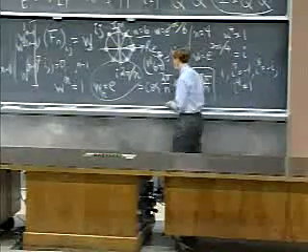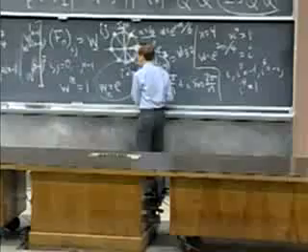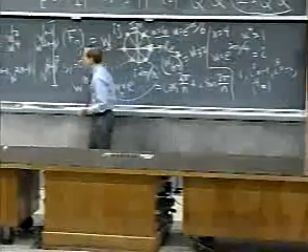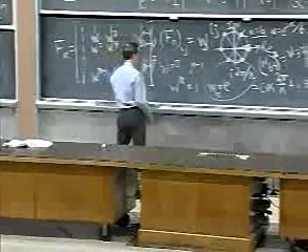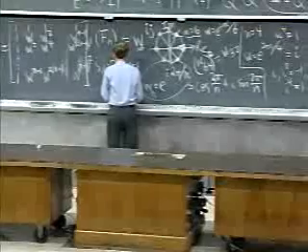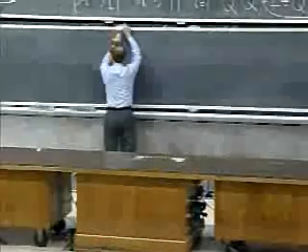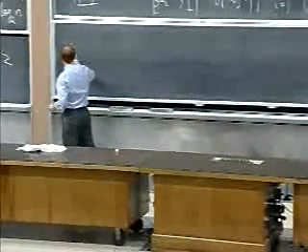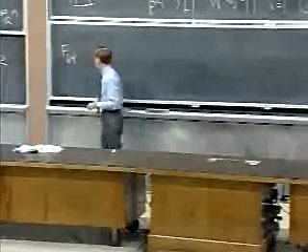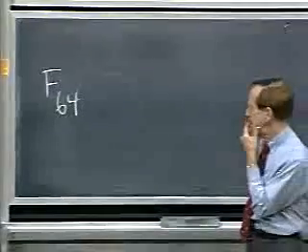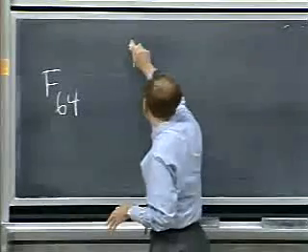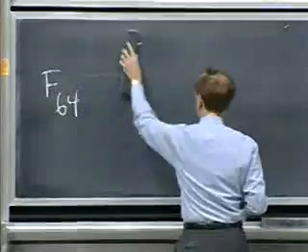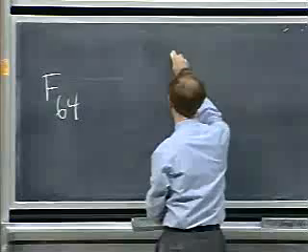And here's the connection. Okay. Let me go back. I'll do it here. Here's the connection. F64, the 64 by 64 Fourier matrix, is connected to two copies of F32. Let me leave a little space for the connection.